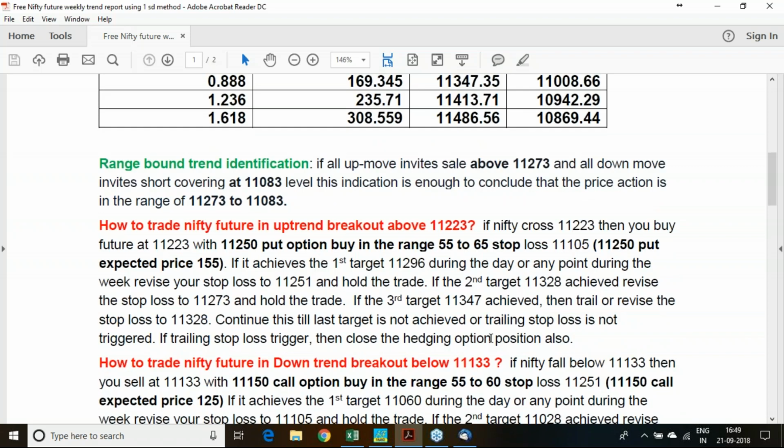The advantage of using the trailing stop loss is you will be maximizing the profit in your trade without entering a fresh trade. So your trade frequency will be lesser, the number of trades you do will be less, and your profitability will be optimized. This is one of the best techniques we use to maximize our profit.